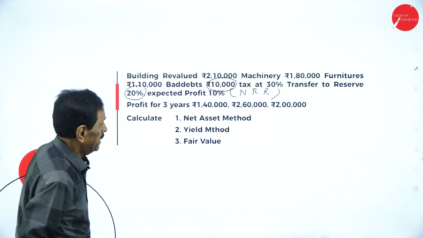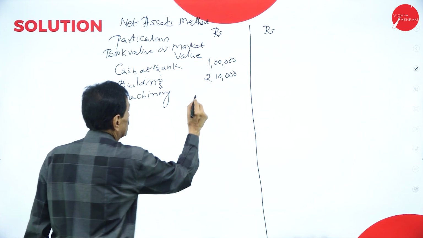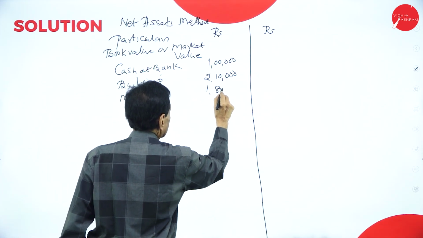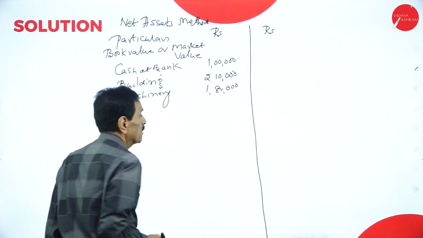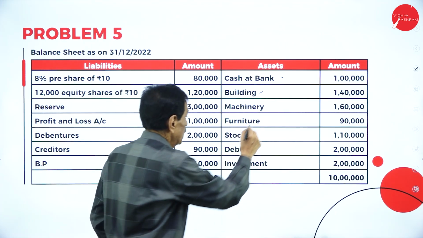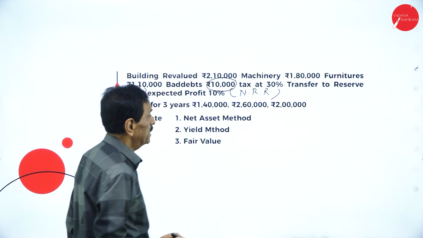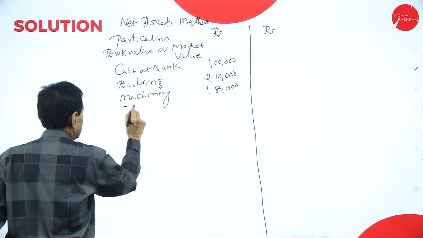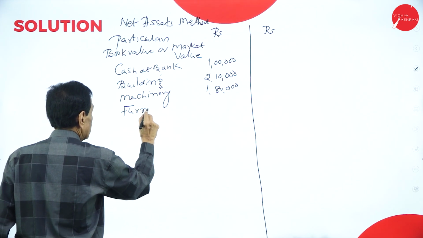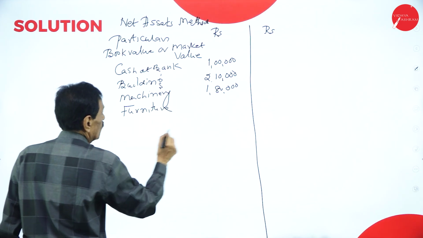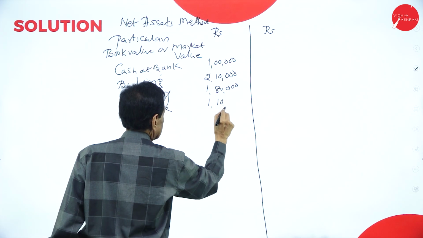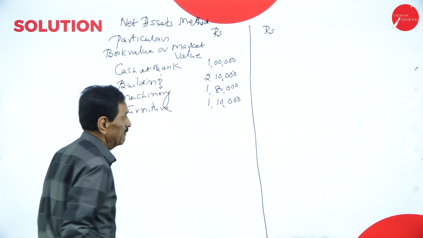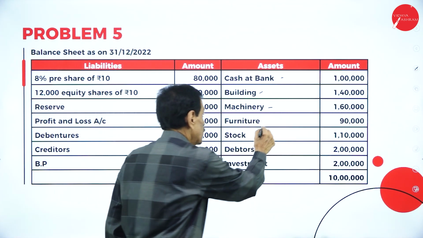What's the market value? 1,80,000. Revalued. What is the next one? This is over. Furniture. Is it revalued? Furniture 1,10,000 revalued. So this is over.